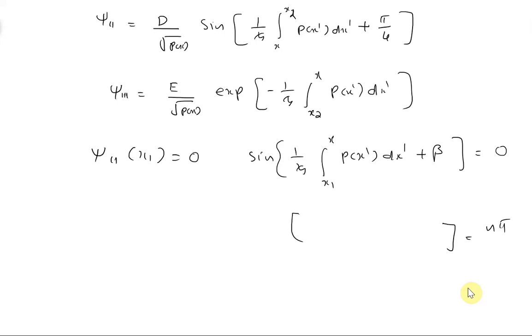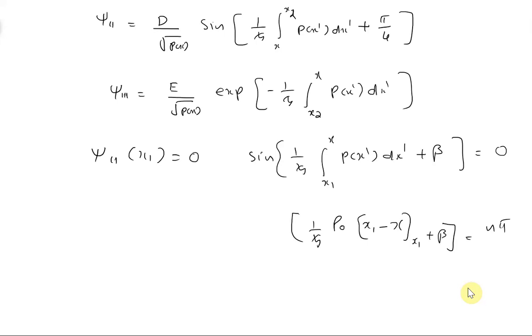So I can do the integration now. 1 by h cross, and this is a rigid wall, in that case the momentum p, whatever value it is, is going to be just a constant. I'm taking that constant at a particular point. So 1 by h cross, something like a p naught, then the integration is running over dx, and the limit is nothing but x1 to x. So x1 minus x, at the point again x1, plus we have a beta.